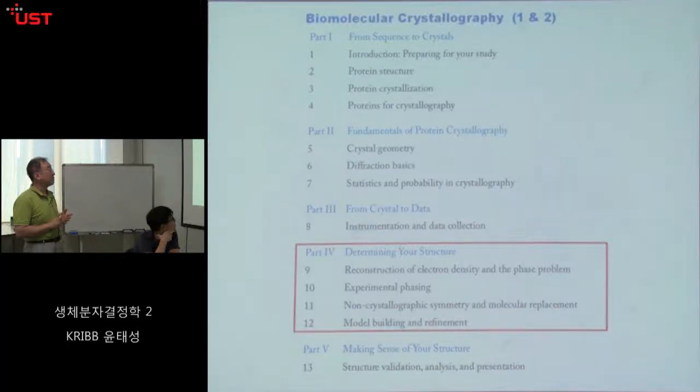So, from chapter 1 down to 6, particularly 5 and 6, we studied core knowledge about crystallography. You can regard those two, 5 and 6, as fundamentals of crystallography, geometry and diffraction. Geometry from the mathematical point of view and diffraction from the physical point of view.